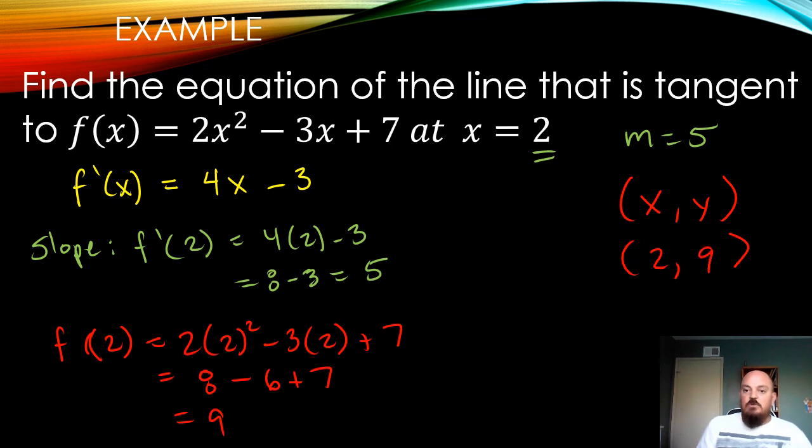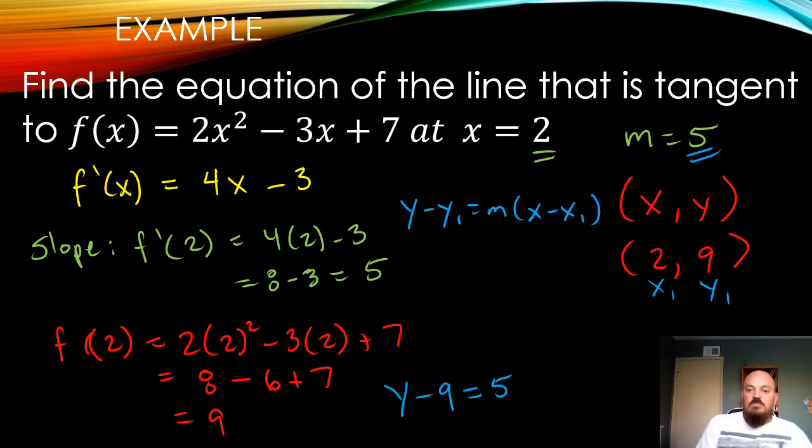So my point is 2 comma 9, and then we will finish the problem with our slope formula. y minus y1 equals m times x minus x1, point slope formula. This is my x1, y1. We already had m up here. We've got everything we need. So my final answer is y minus 9 equals 5 times x minus 2.